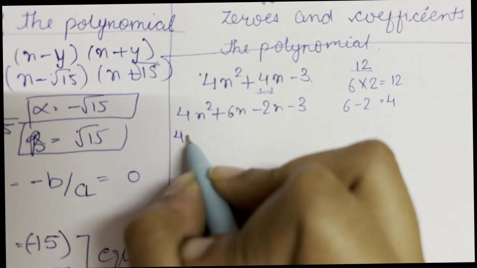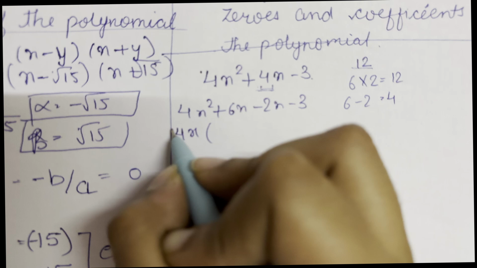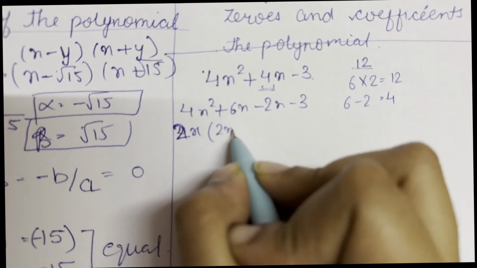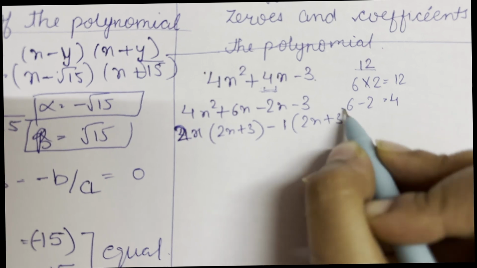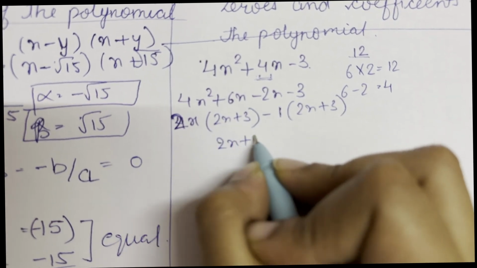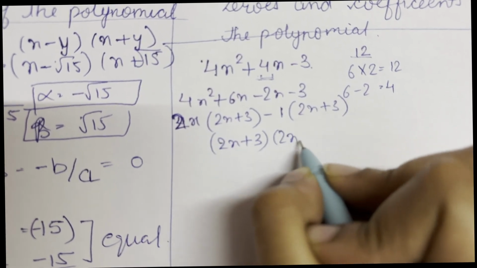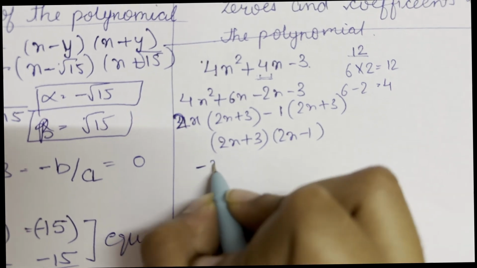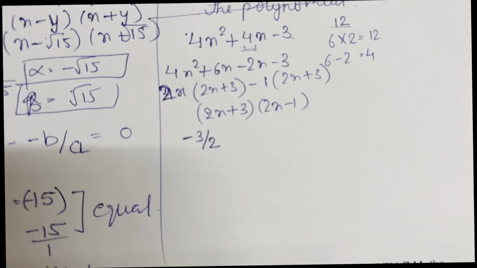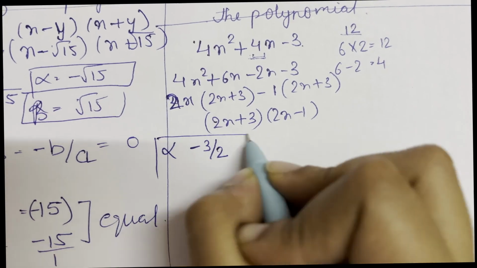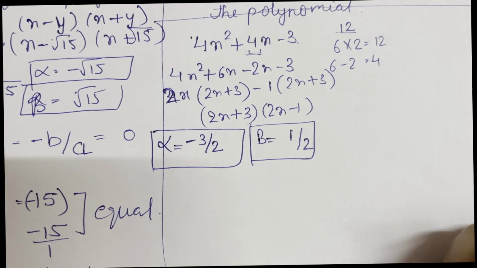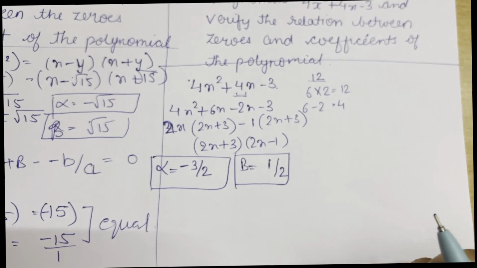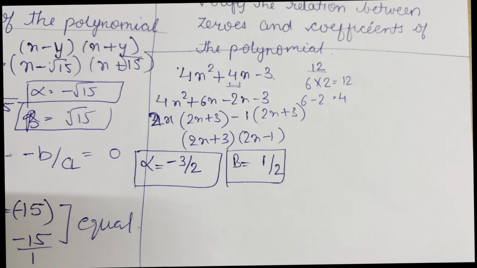We take 2x common, you get 2x plus 3, minus 1 common, again 2x plus 3. We got 2x plus 3 and 2x minus 1. So the zeros are alpha equals minus 3 by 2, and beta equals 1 by 2.